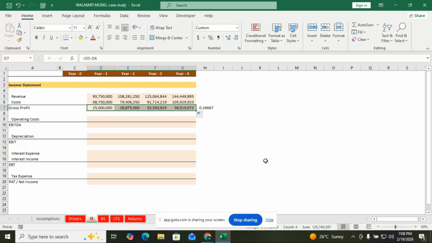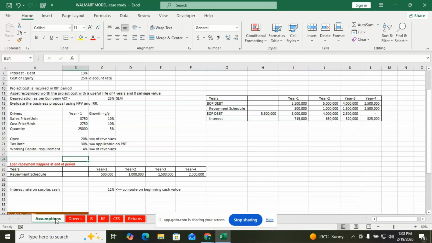So now we head on to the operating expenses. I'll go back to the assumptions, my first sheet. Here, can you see how the operating expenses are arrived at? Can you see OPEX here? After your drivers, you have OPEX in A20.